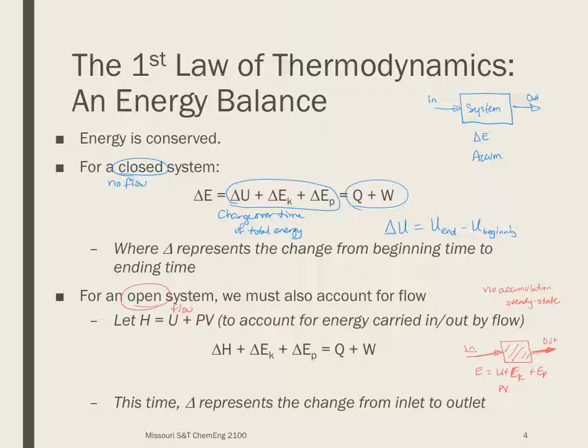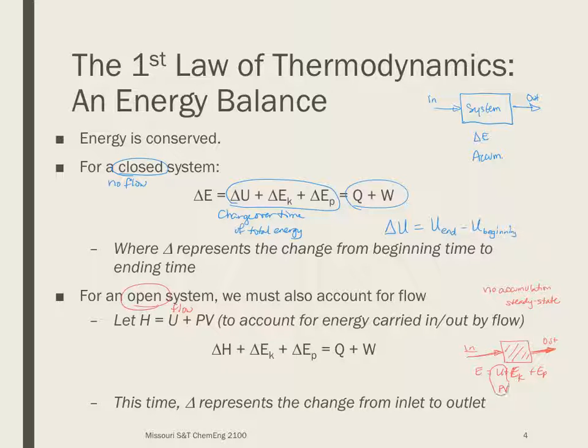And development of that is going to be left for other courses, say a thermodynamics course, but there's also this PV term that's going to be a portion of the energy, and it's the energy that's pushing the molecules in and out of the system. And there's always this plus PV on the inlet and on the outlet side. It's work. It's a form of work.